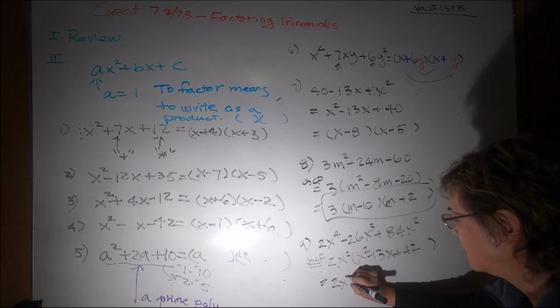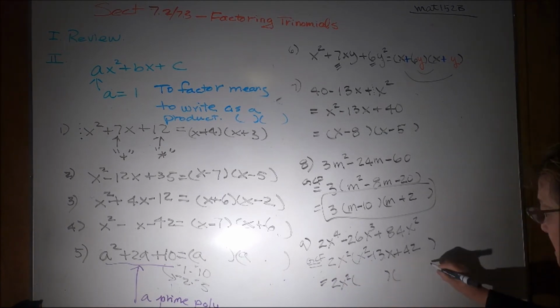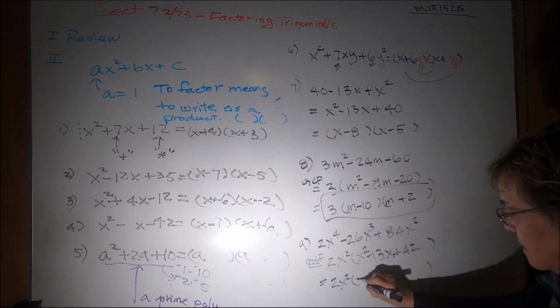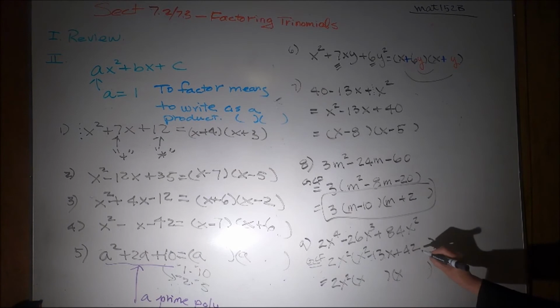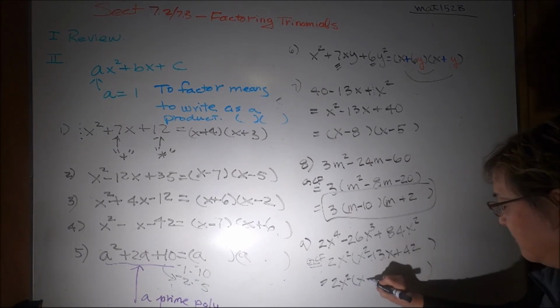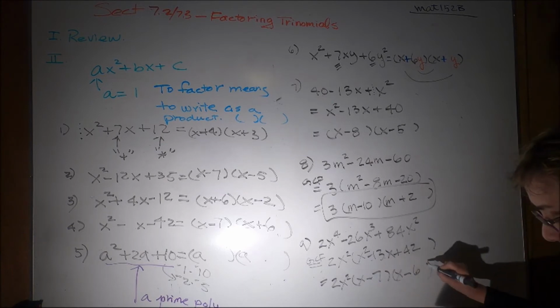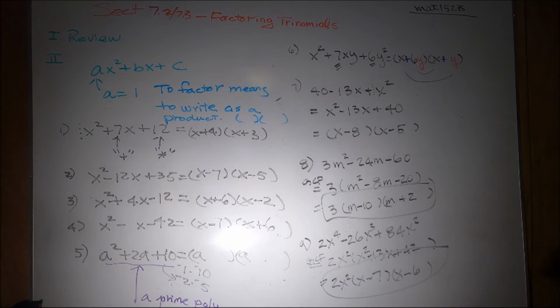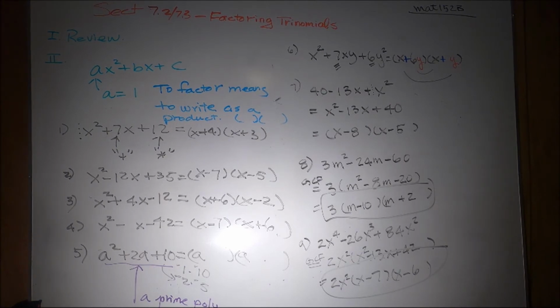So you have what? 2x squared outside. Now inside it's a trinomial. Leading coefficient is 1, so we just do x. Which two numbers will work? 7 and 6, but negative, minus 7 minus 6. That's how we do. Are we okay?